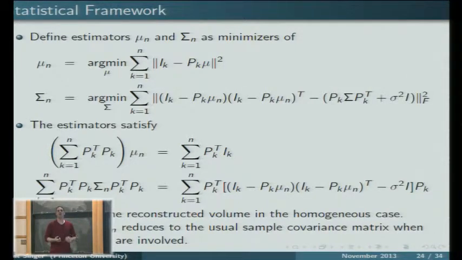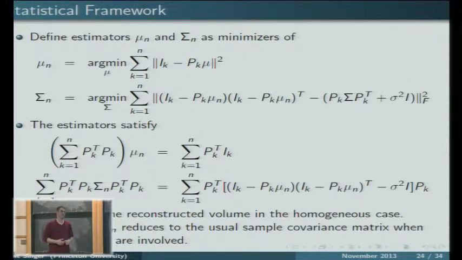So before we process the images, we pre-whiten them. We try to estimate the power spectrum of the noise, and then apply a filter that would make the noise white. Then we start this whole procedure. That's why you can assume that the noise is white, because you can calibrate the instrument.